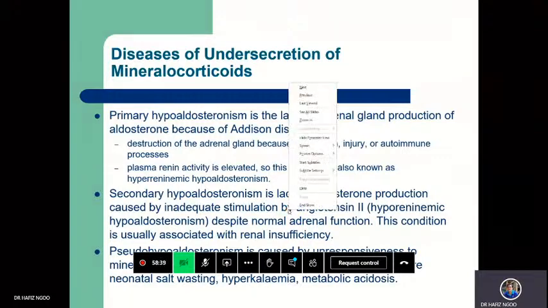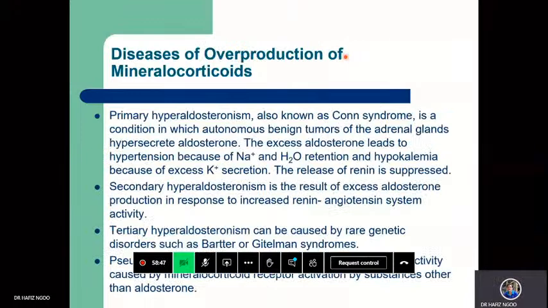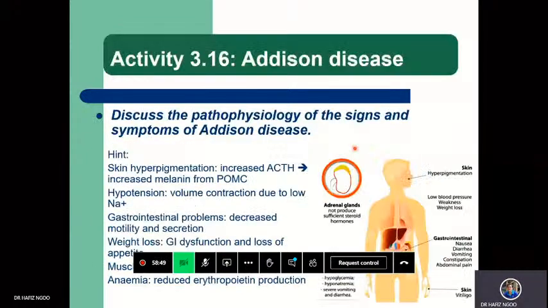So we go back to activity 3.16, where we talk about Addison disease. We already discussed the pathophysiology and signs and symptoms of Addison disease.